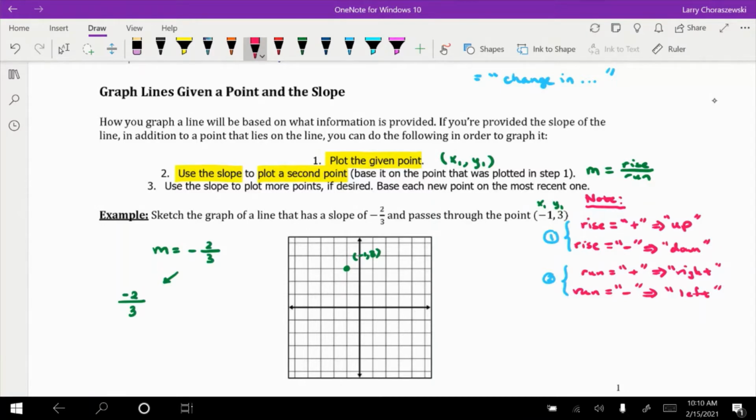This would force us to have a rise that's negative. And since this rise is negative, we'd have to go down by 2 units. The 3 is not negative, it's positive. So after we go down by 2 units, we'd have to go right by 3.